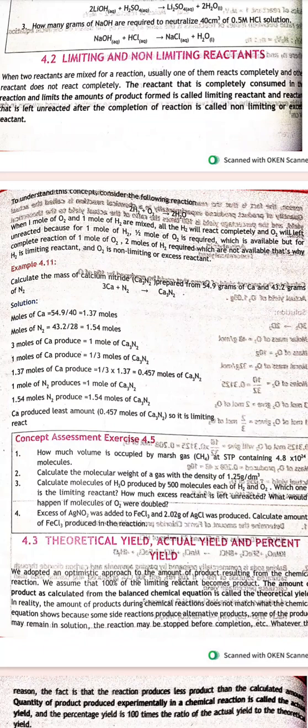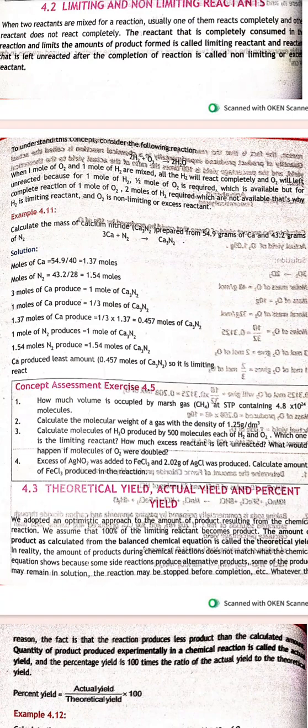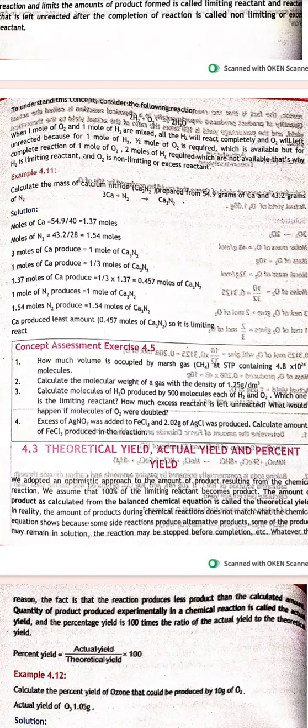So here we will take a daily life example. When you are going to make a sandwich, you are using kebabs and you are using bread. When the kebabs are less in amount than the bread, the kebab will be the limiting reactant.